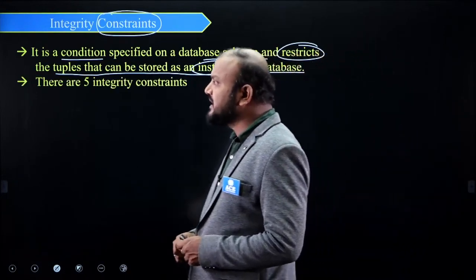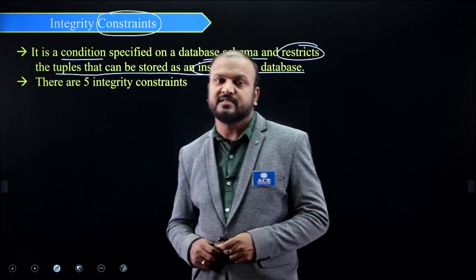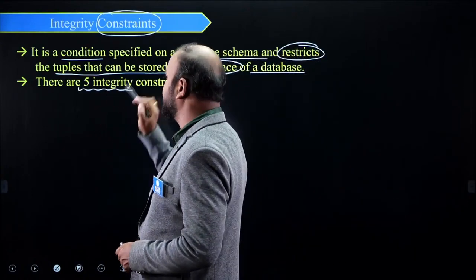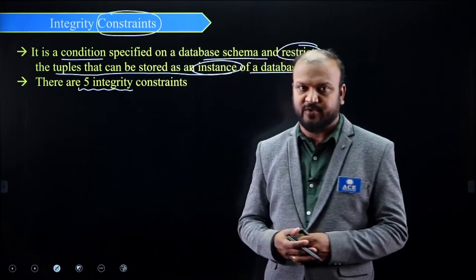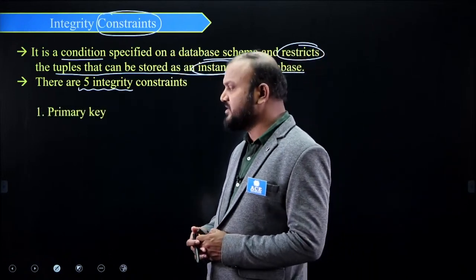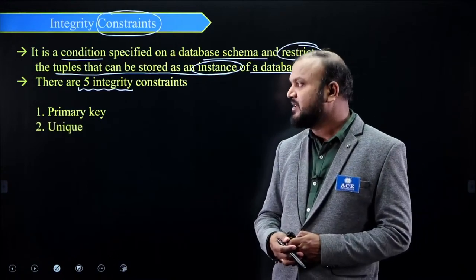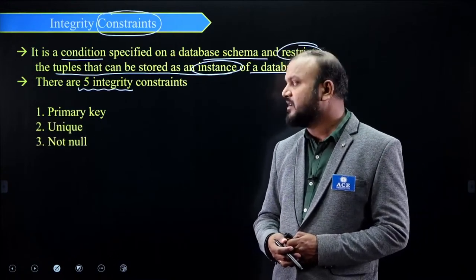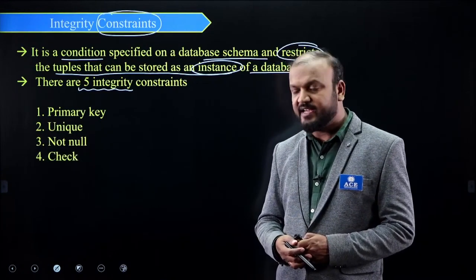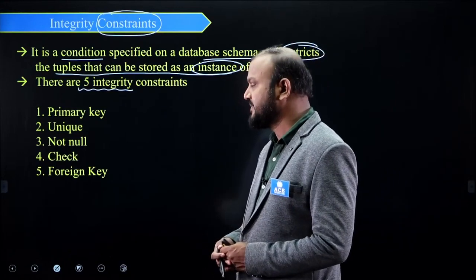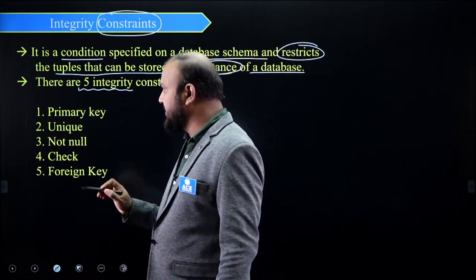What integrity constraints does a database system have? There are totally five integrity constraints the database system supports. What are these five? We call them primary key, unique, not null, check, and foreign key. Right, these are the five integrity constraints. Now, what exactly is the meaning?